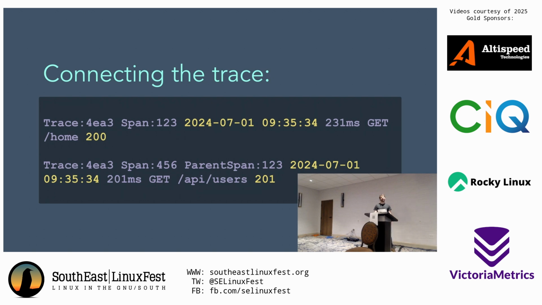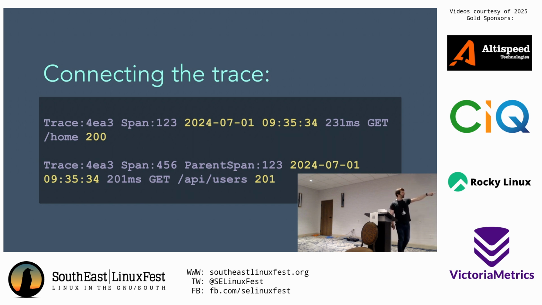We can connect it. We could give each single log message its own ID and also record the parent ID of the request that preceded it, right? And so what we end up with is a trace. That's the overall HTTP request that hit the front-end API and started this whole trace.